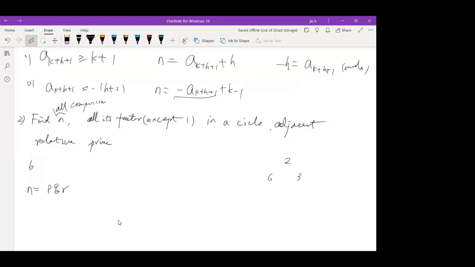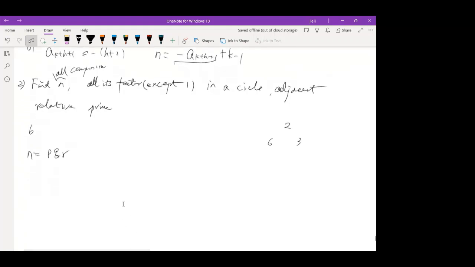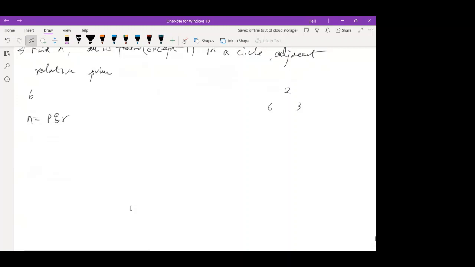Let's say n equals PQR, where PQR are primes. What shall we do with this?